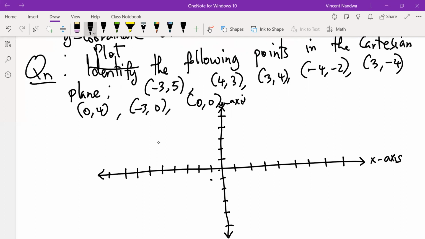And then usually the intersection of the two axes is 0. Now this will be -1, -2, -3, -4, -5, -6, -7, -8, say -9, and so on for each axis.